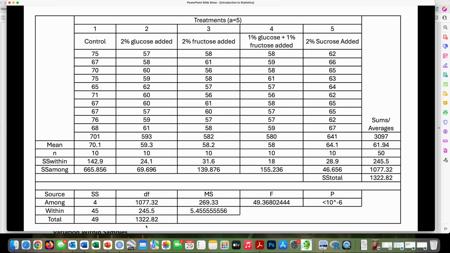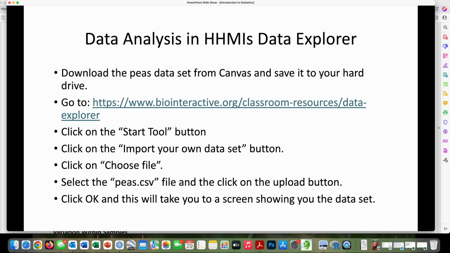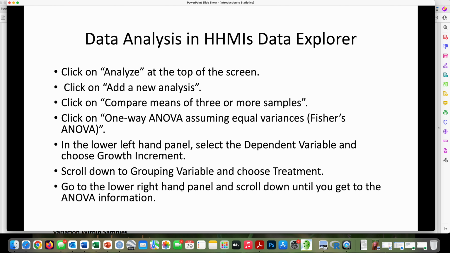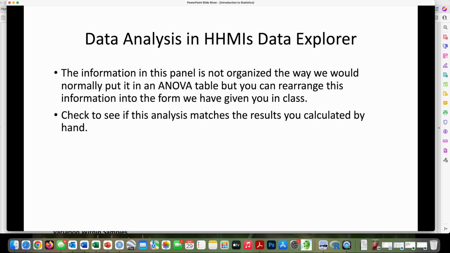Now, what they can do is take these data and put them into the Data Explorer. So they can download the peas data set, open that up and see how it's structured. Then they can go to BioInteractive, follow these instructions, and check to see if the analysis that they just completed in class matches what is in the Data Explorer.